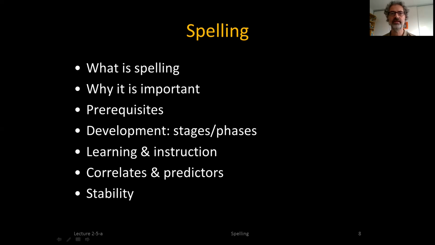This is bad news for intervention because it means that addressing spelling problems can be very challenging because they're persistent. Indeed, fluency and spelling problems are among the most persistent ones in dyslexia. These are the things that take longest to improve and are hardest to improve.